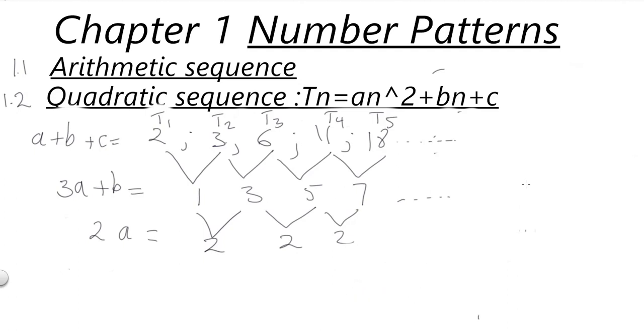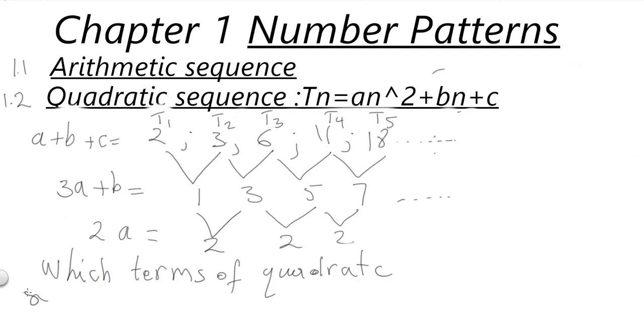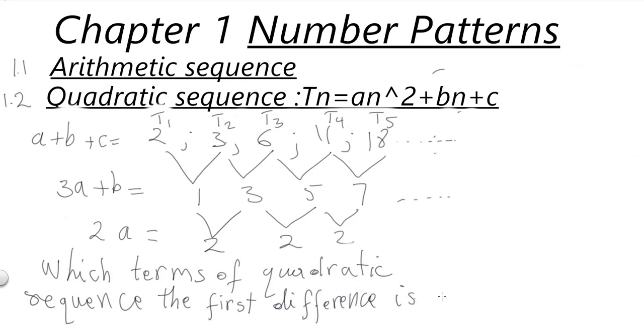The question says, which term of a quadratic sequence, the first difference is equal to 37. Okay?